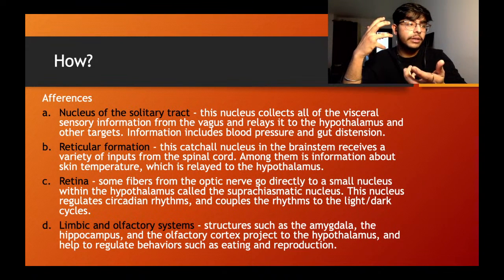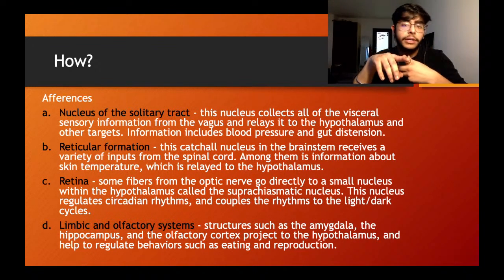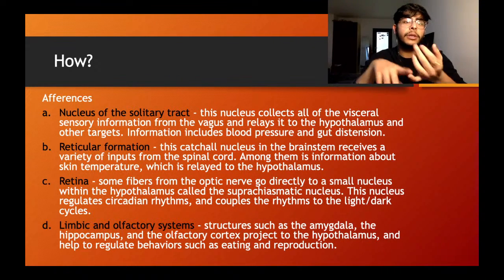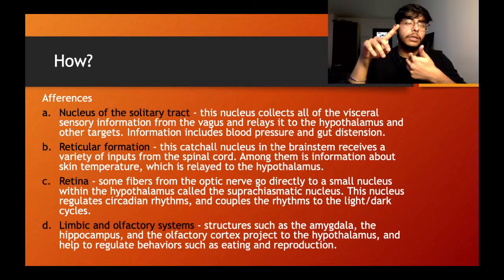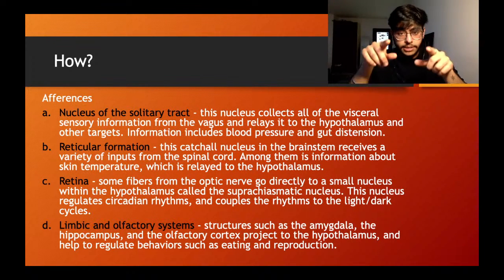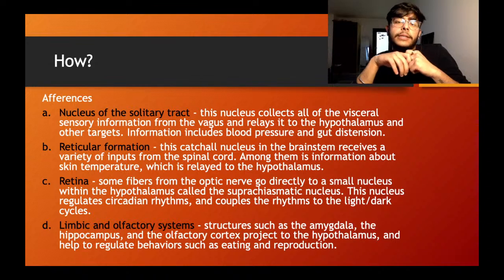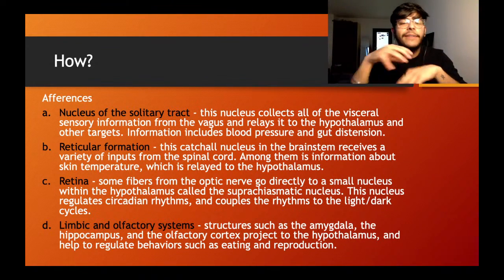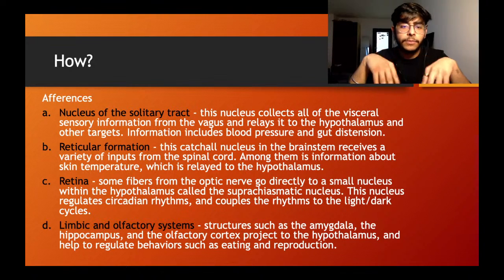Information including heart rate, blood pressure, gut distension, renal glomerular filtration, etc. Reticular formation. Now, as it says in the presentation, it's a catch-all nucleus in the brainstem that receives almost every type of modality from the spinal cord.